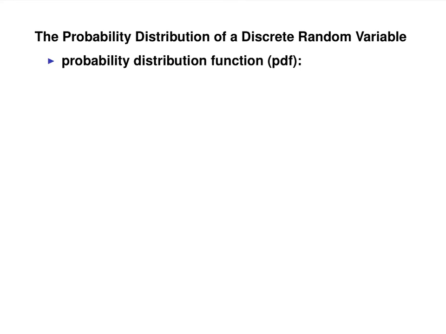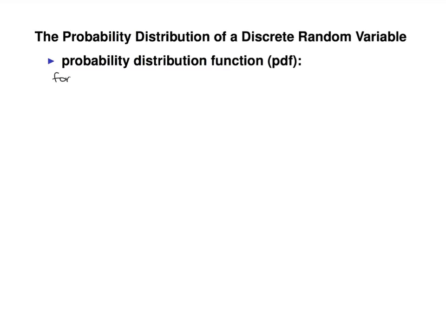So the probability distribution of a discrete random variable. So this is a function that, or like can be given as a table or just an equation or a function rule that assigns probabilities to the possible values of x.